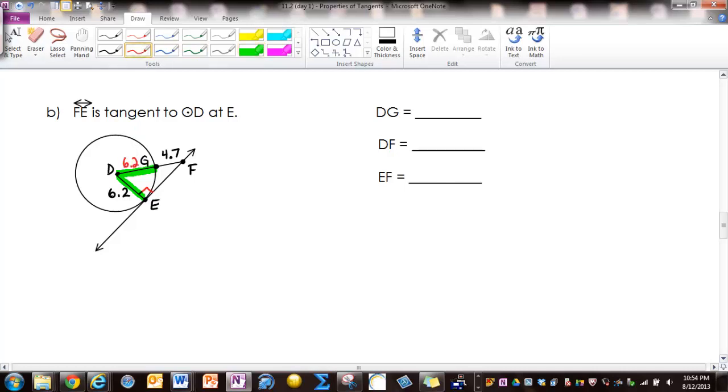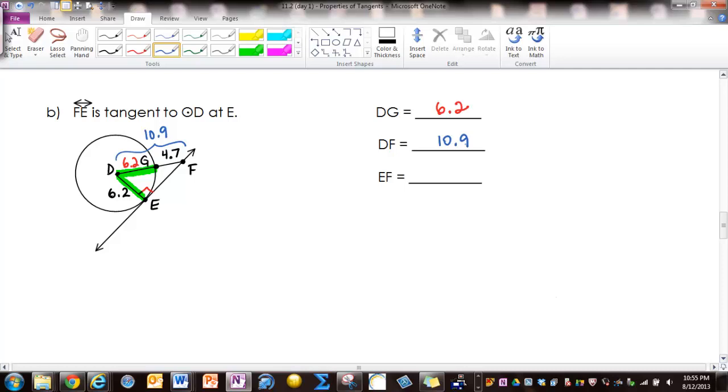So DG is 6.2. Now that, along with the 4.7 that's outside the circle, if we add those two things up, I'm going to get 10.9. Now 10.9 there is the hypotenuse of my right triangle. So I'm going to be looking for EF. Before that, I just found DF, which is 10.9, so I'm going to put that on my answer blank.